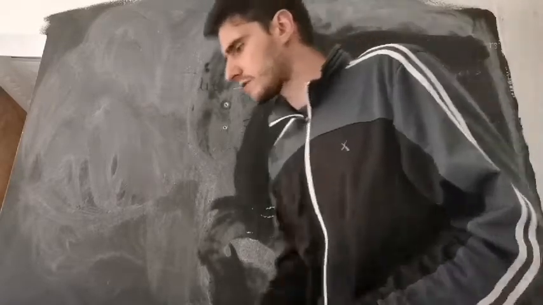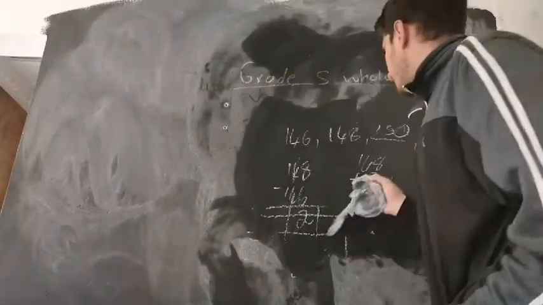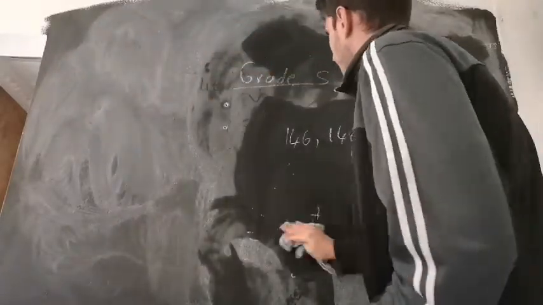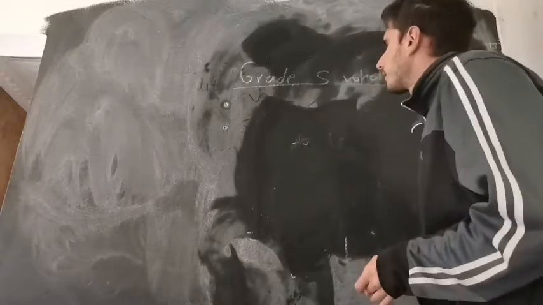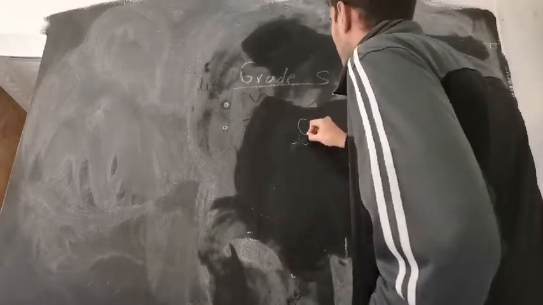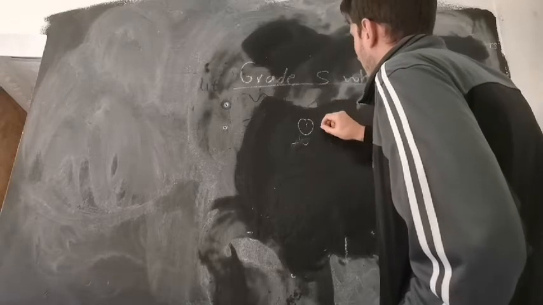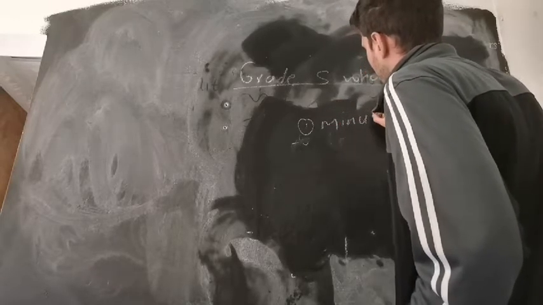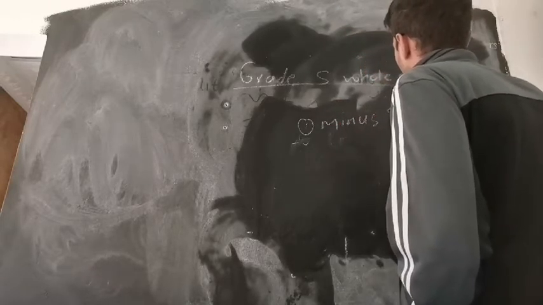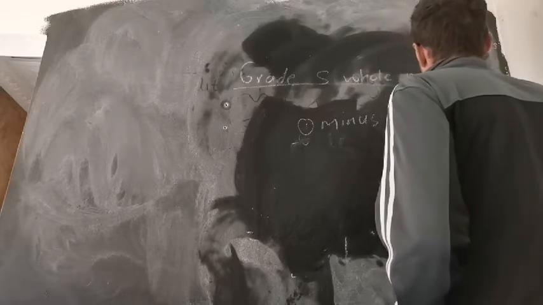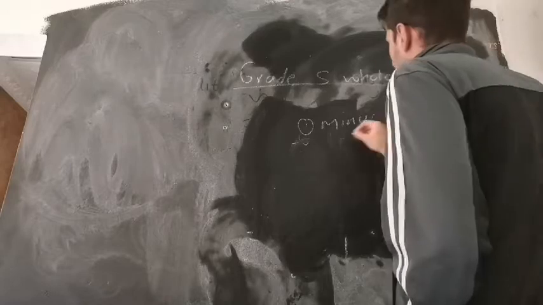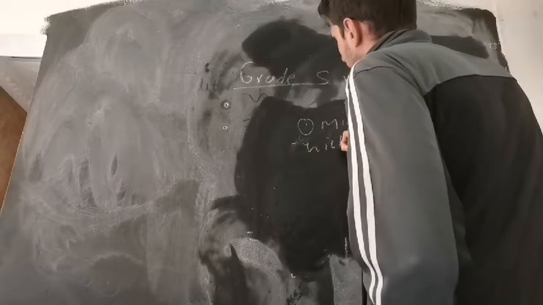Now, very important again for number patterns is that I'm going to write down the rules for a number pattern. First one is minus the bigger number with your smaller number.